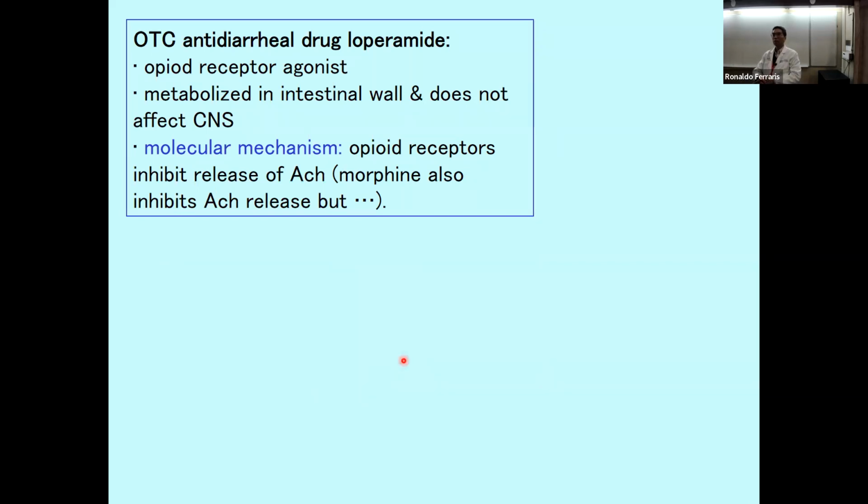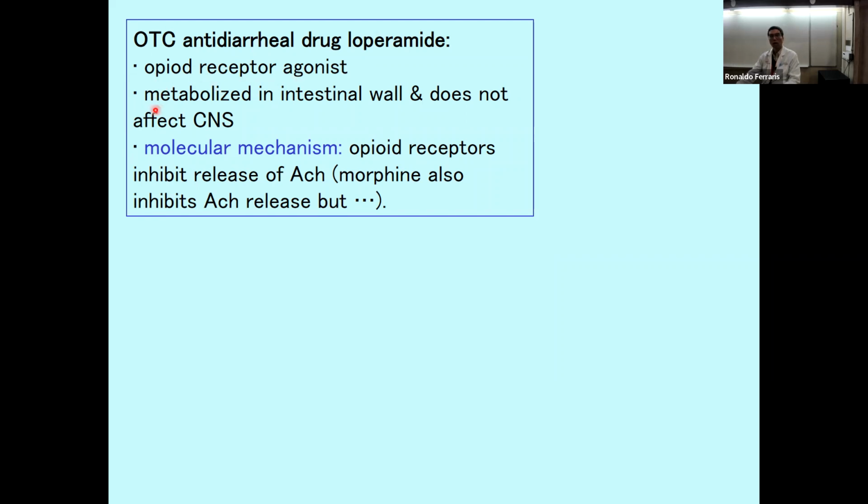So all of us have had diarrhea, hopefully not infectious diarrhea. An OTC, over-the-counter drug like loperamide, which is Imodium, right? At one time or another in our lives we have had Imodium. So what is loperamide? It's an opioid receptor agonist.